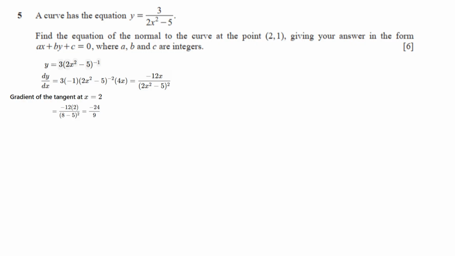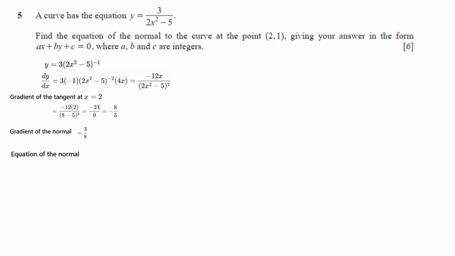Divide the numerator and denominator by 3. So we get minus 8 over 3. This is the gradient of the tangent. Now, gradient of the normal is nothing but the negative reciprocal of the gradient of the tangent. So, gradient of the normal is 3 over 8.